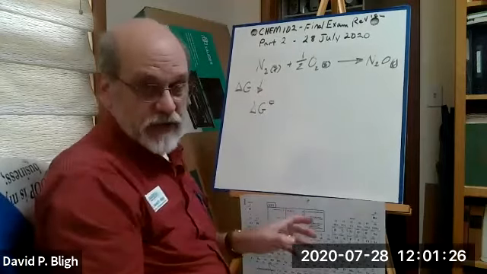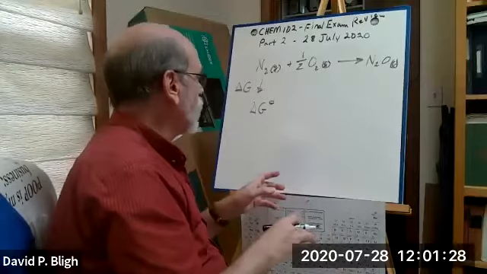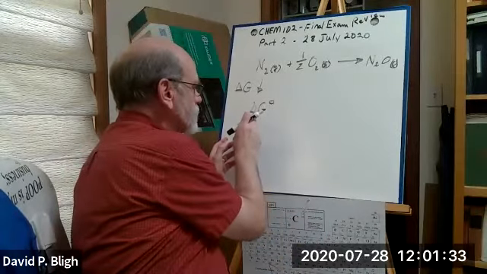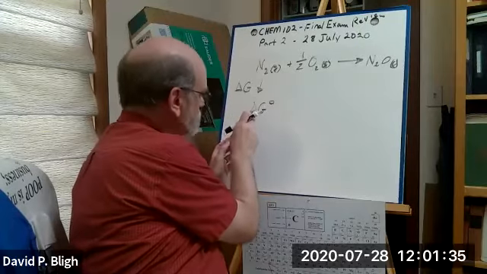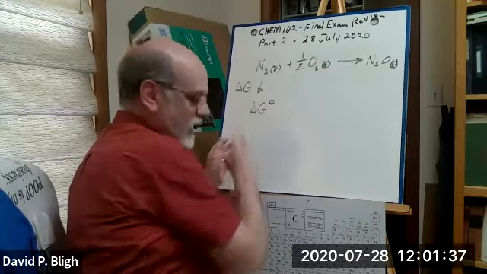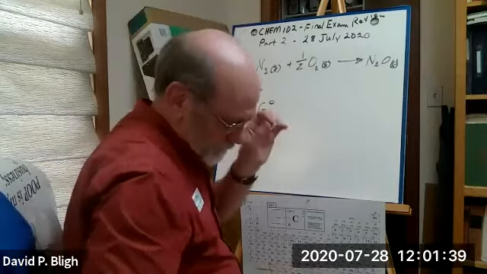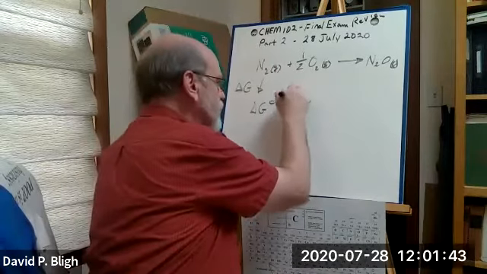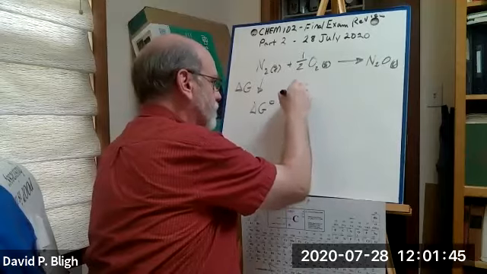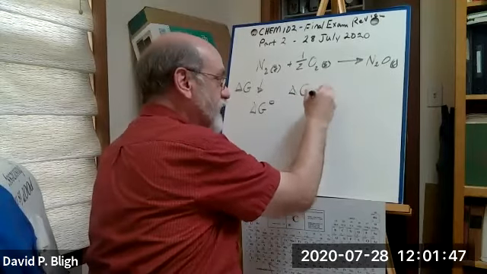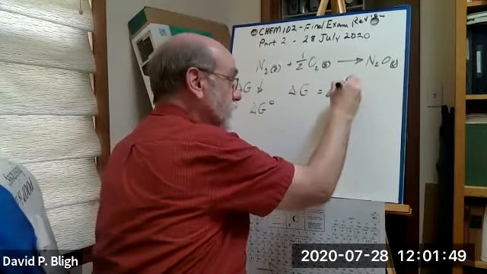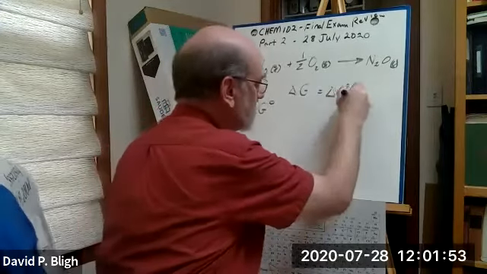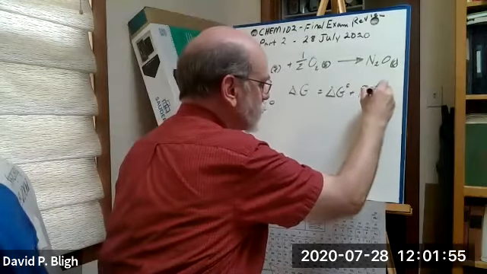Those are standard conditions. So what changes will decrease that value? The operative equation is this one. We can find out what that is if we know what this one is, and then we introduce this expression.